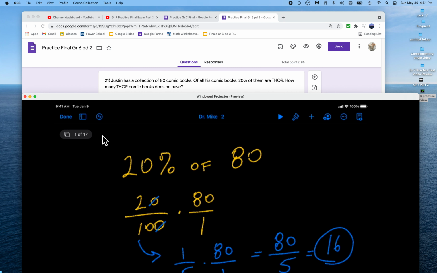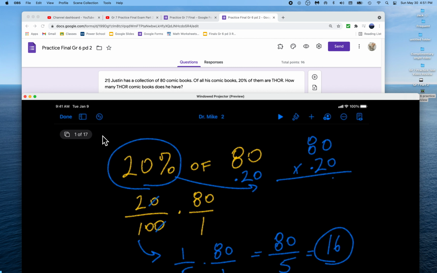Or you could take this 20%. If you're comfortable with it, you can change that to 0.20. And you can do 80 times 0.20. There's a decimal place.